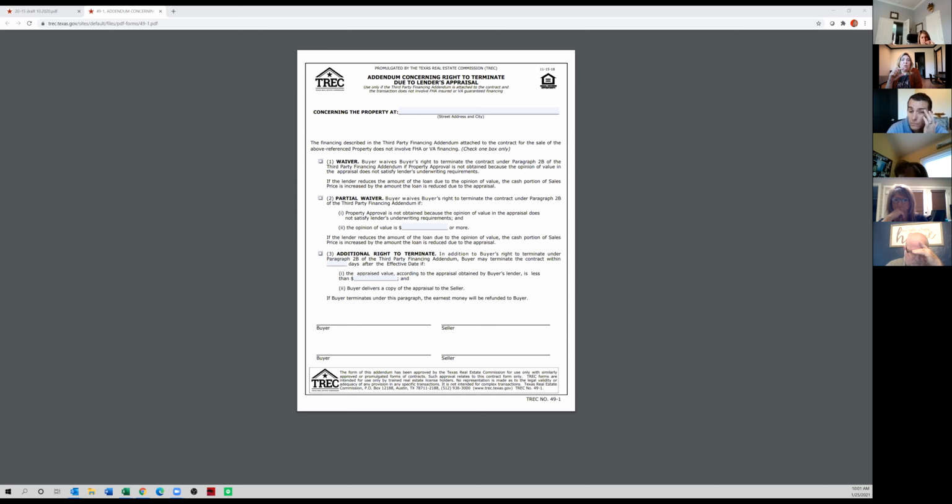If the appraisal comes in at 195, the lender is only willing to lend 20% on that 195. And so the buyer is going to have to come up with a little bit more money. They're going to have to come up with the amount difference between the loan amount and the sales price, so that extra $5,000, the 195 to 200.